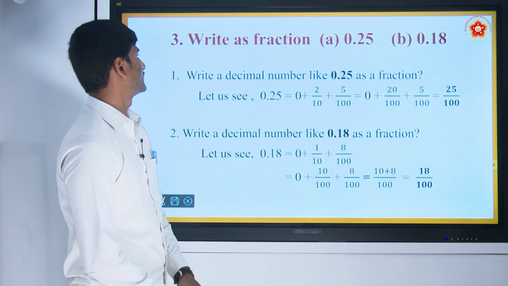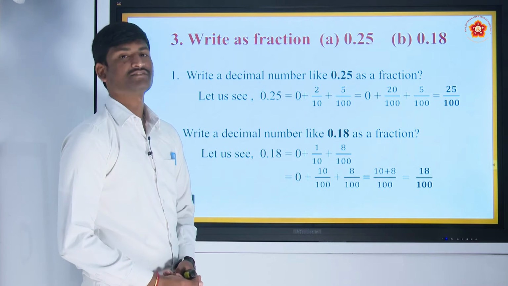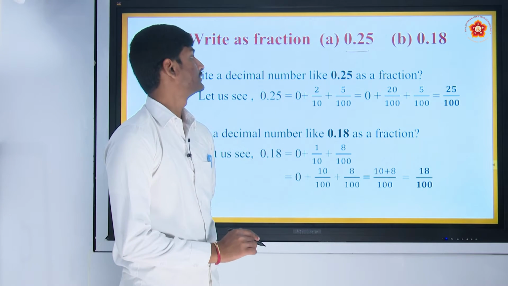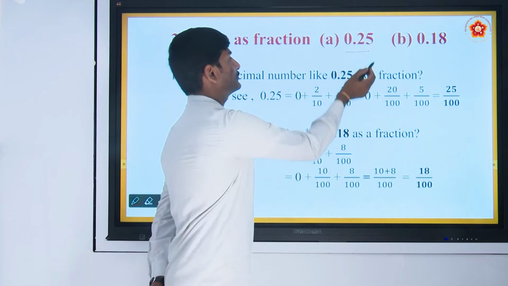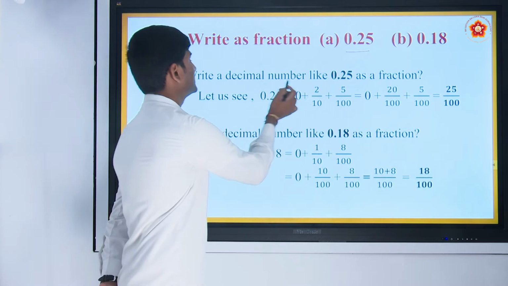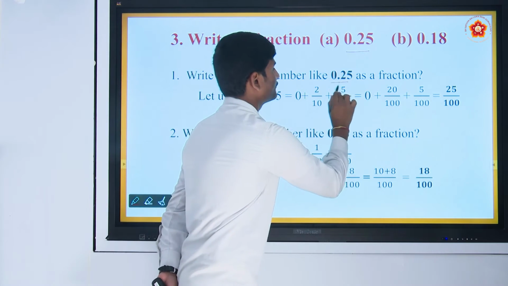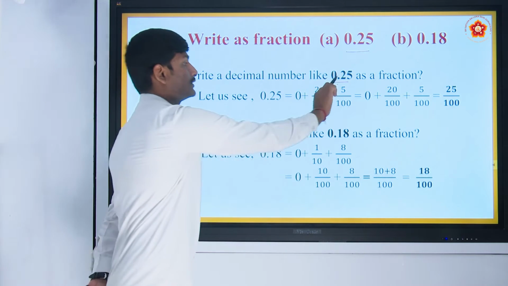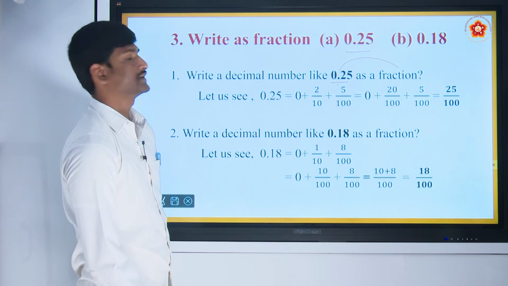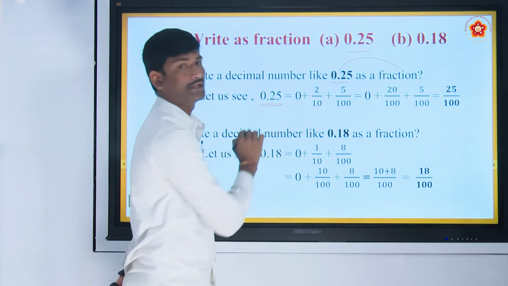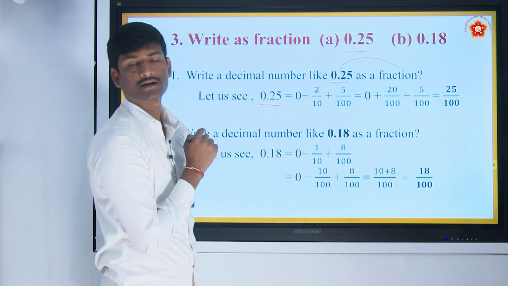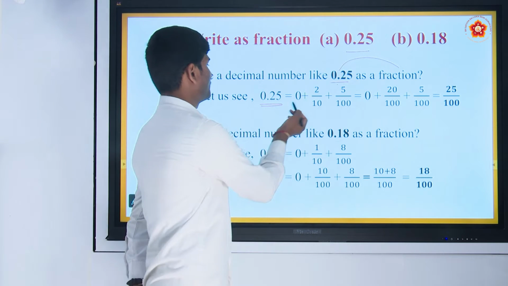Then third question, write as fraction 0.25 and 0.18. We convert decimal to fraction. Let us say 0.25. We already know place values. 0 is the whole number part, plus 2.